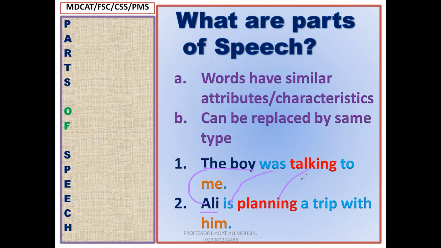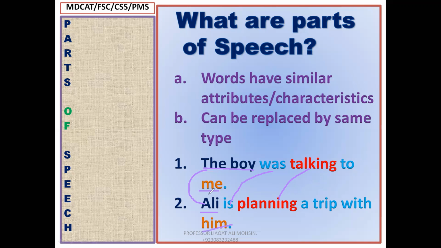Talking has a similar function to planning. As we nominated boy and Ellie as nouns, similarly was and is are auxiliary verbs. Talking and planning are verbs. To and with are prepositions. Me and him are pronouns.